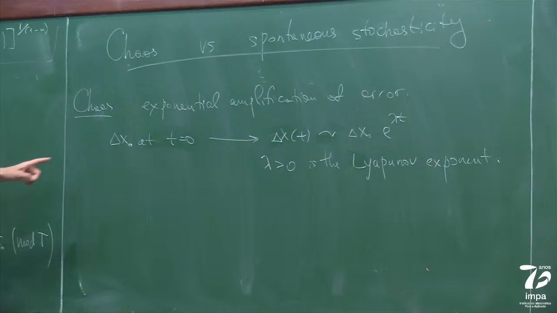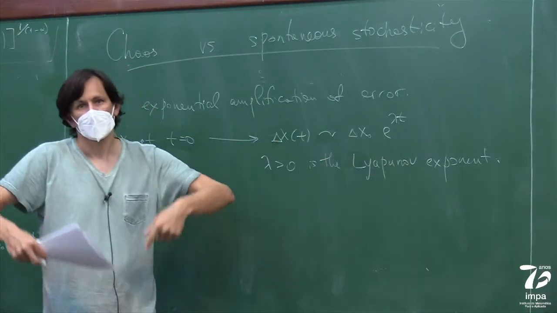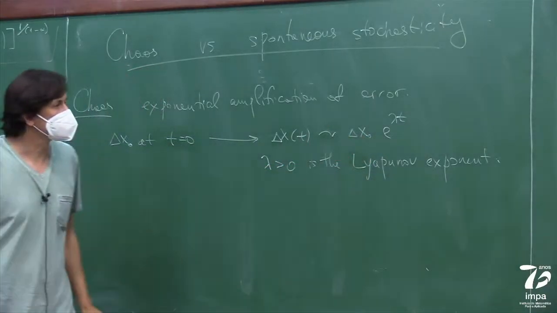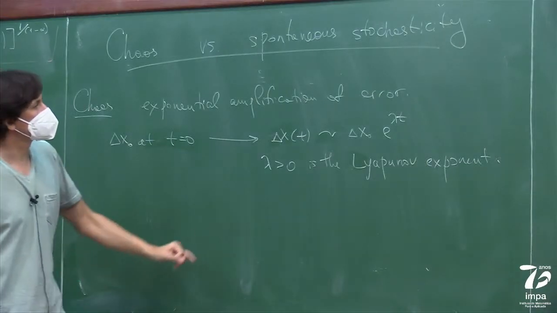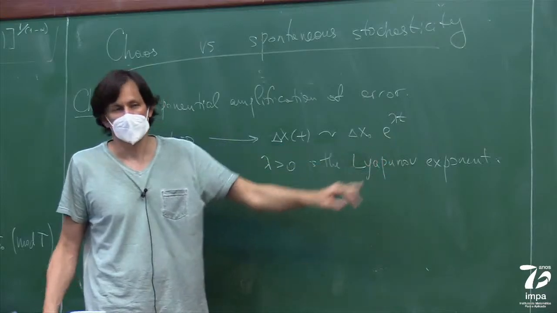So you see that the initial error is amplified exponentially. Exponent is usually a very fast function. So even if you put a very small error initially, it will become very large at larger times.